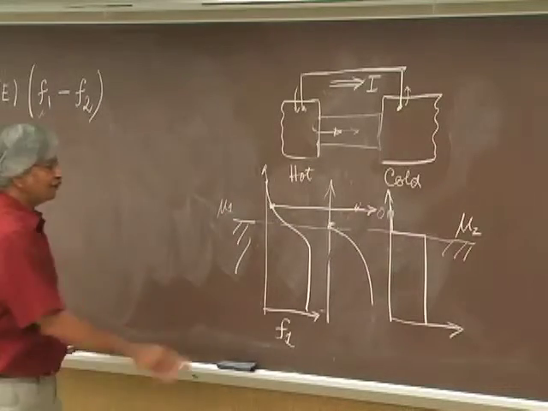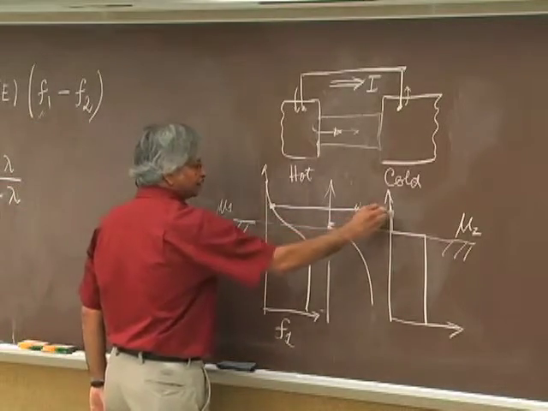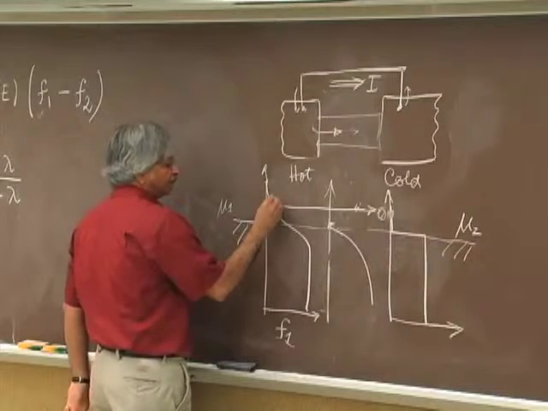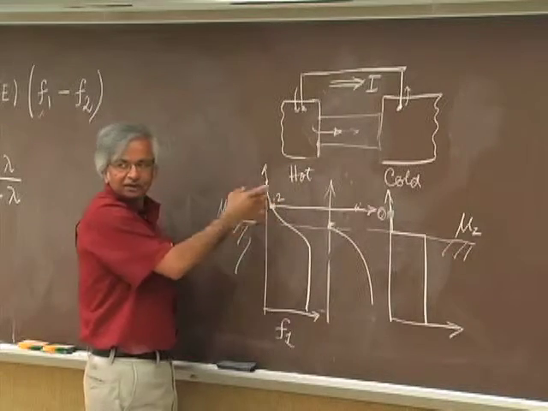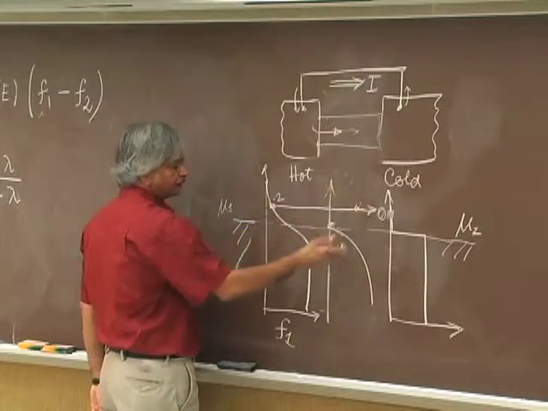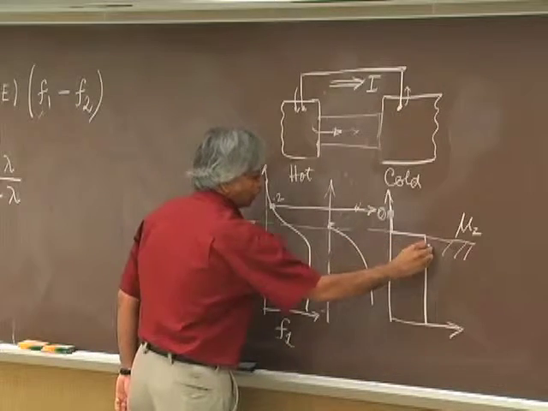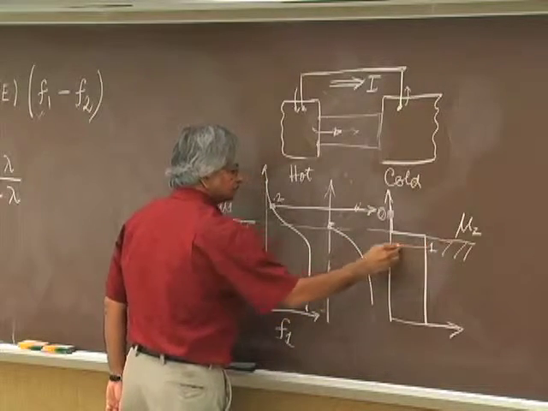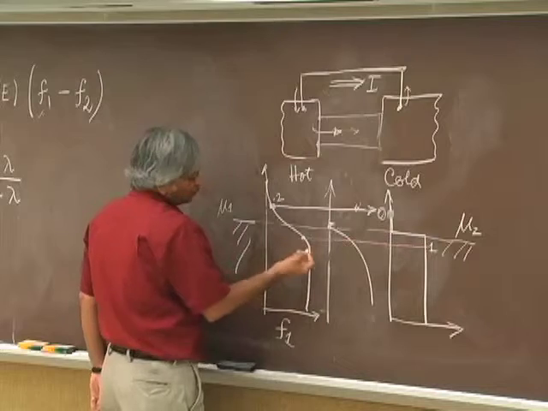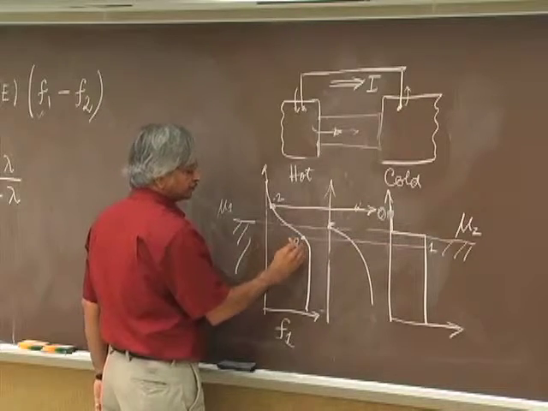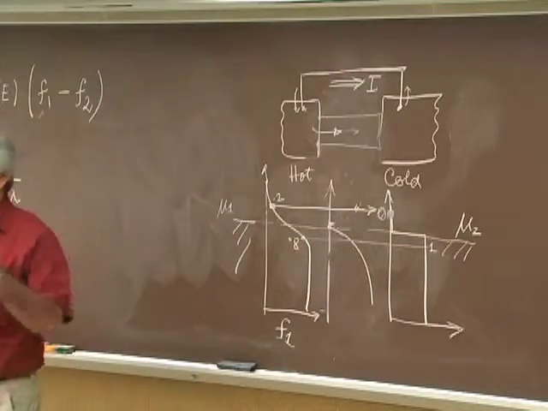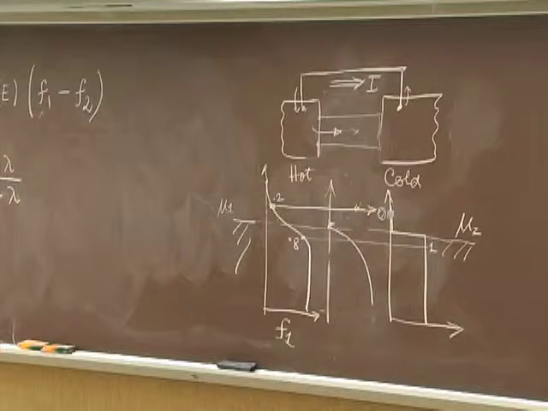You see, when you were looking up here, this is 0, and that's like, say, 0.2, or some number like that. And so it is going this way. Here, this is 1, whereas this is more like, say, 0.8, so a little less than 1. So when I look at F1 minus F2, I'll find that electrons are going the other way.